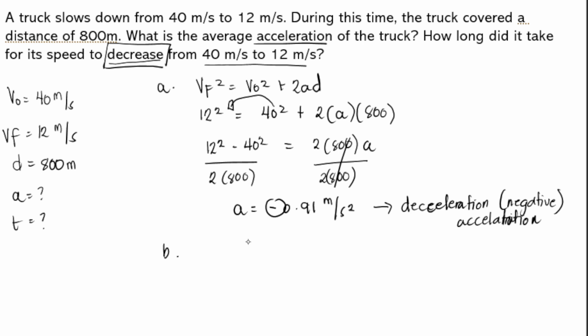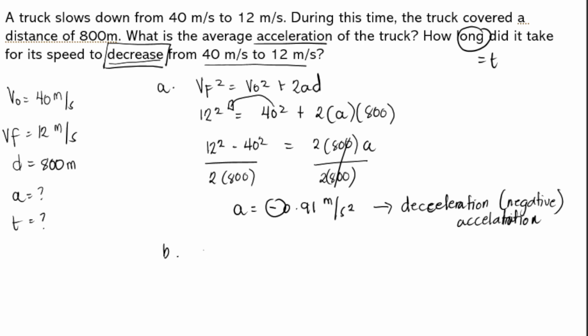How long did it take for its speed to decrease from 40 meters per second to 12 meters per second? Since we're going to find how long, the time is unknown. Given these givens, what is the best equation we could use?